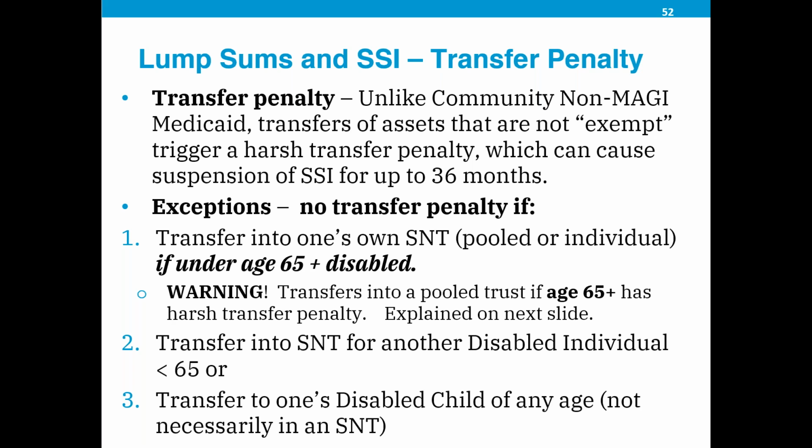This is a big difference with community Medicaid. Because in community Medicaid, we talked about you could still transfer into a pool trust. You just have to know that there could be a penalty if you go into a nursing home later. But that's not the case in SSI. There is a penalty on transferring into a pool trust.